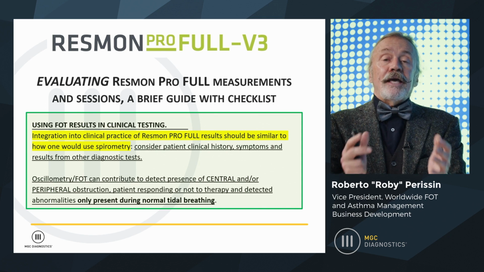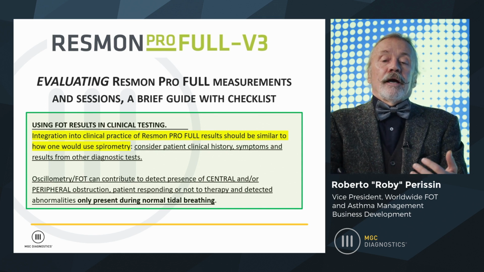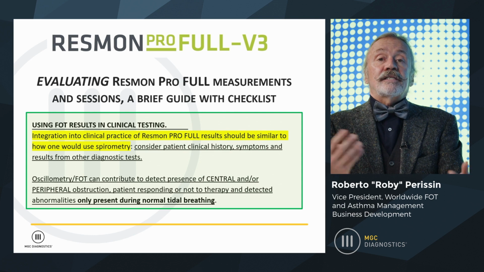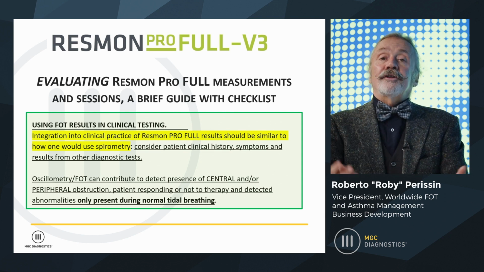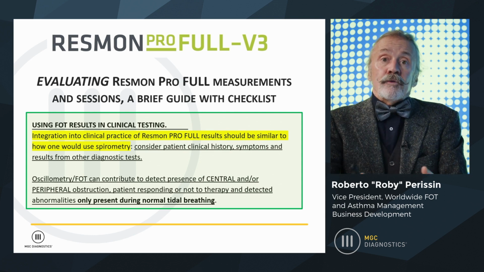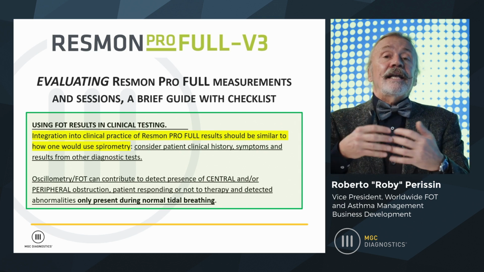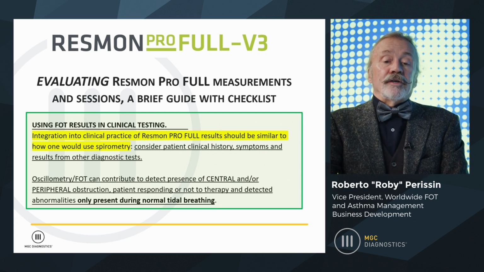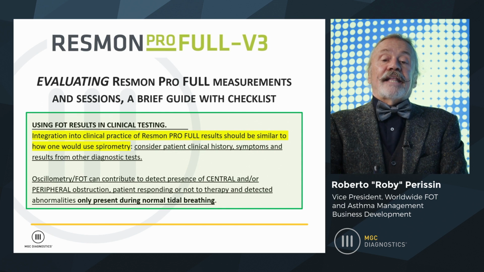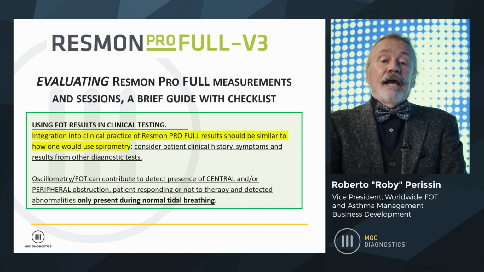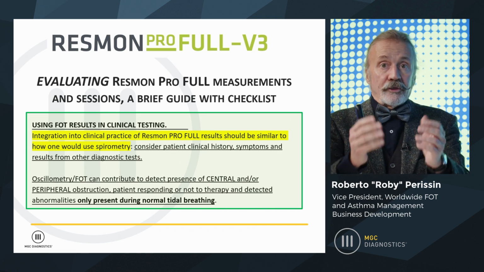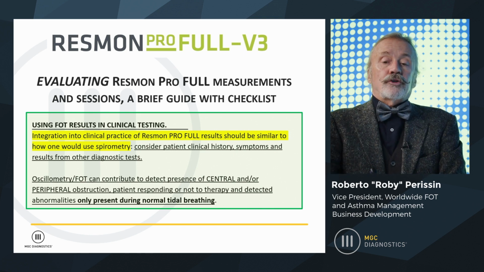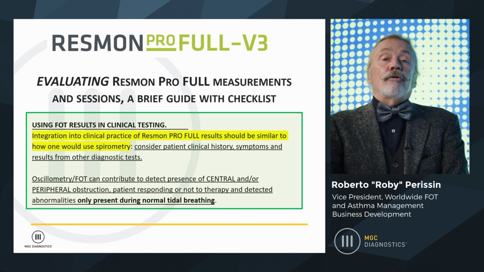So in the picture, there should be patient clinical history, symptoms, results from other diagnostic tests, and then oscillometry, exactly as you would use spirometry, because oscillometry can detect and localize central and or peripheral obstructions, and whether the patient responds or not to therapy, with the published thresholds, and detect abnormalities present only during normal tidal breathing.